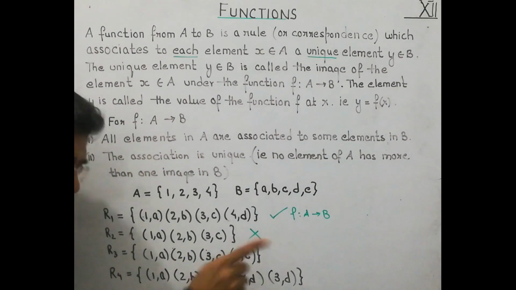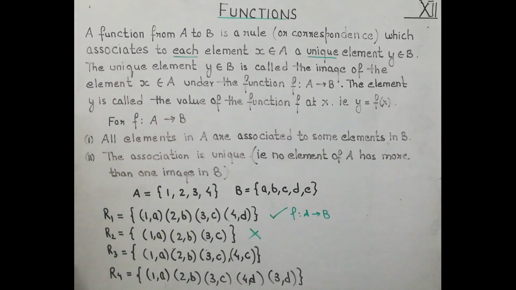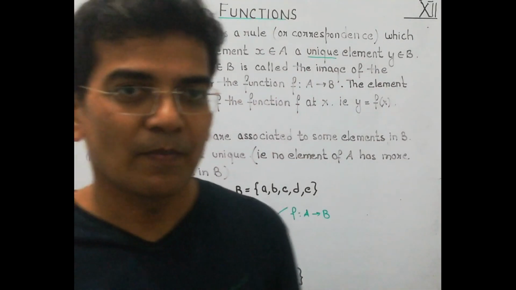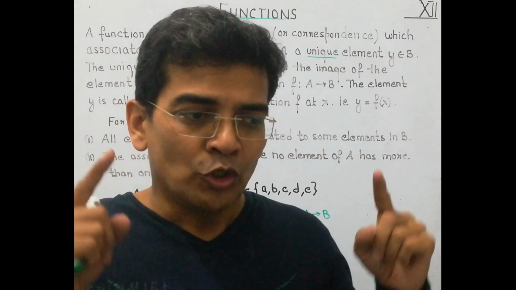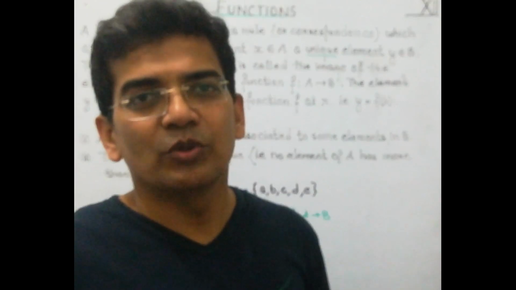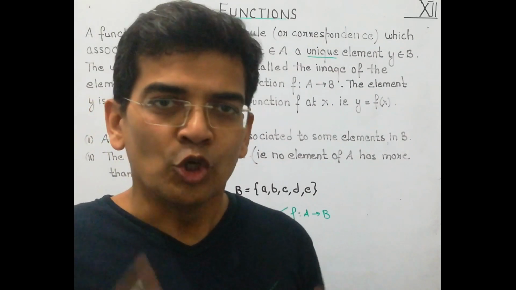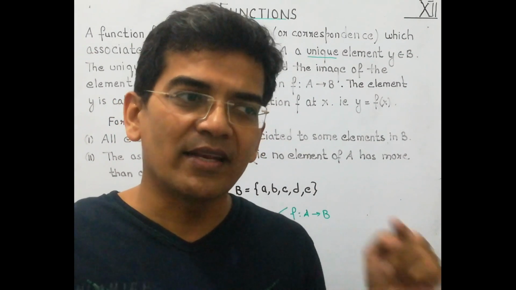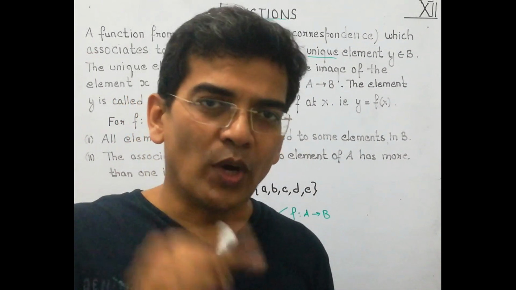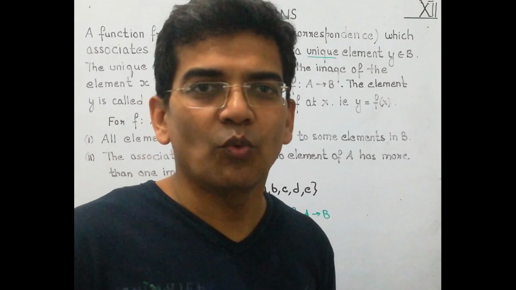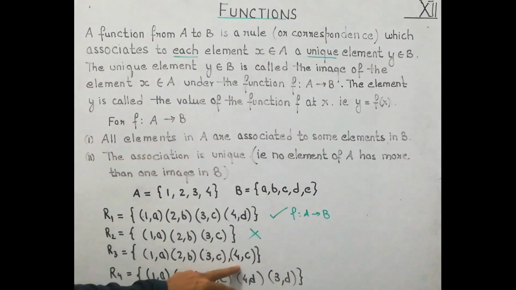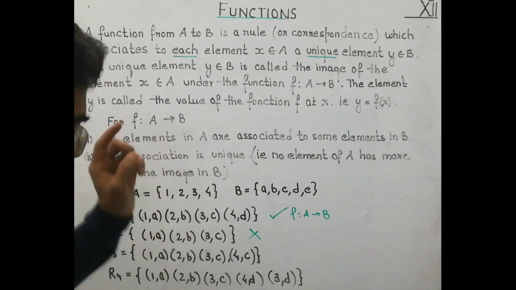Remember, 2 elements can have the same image, but 1 element cannot have 2 images. Is it clear? Two or more elements can have 1 image, but 1 element cannot have more than 1 image. So here 2 elements have the same image, which is possible.